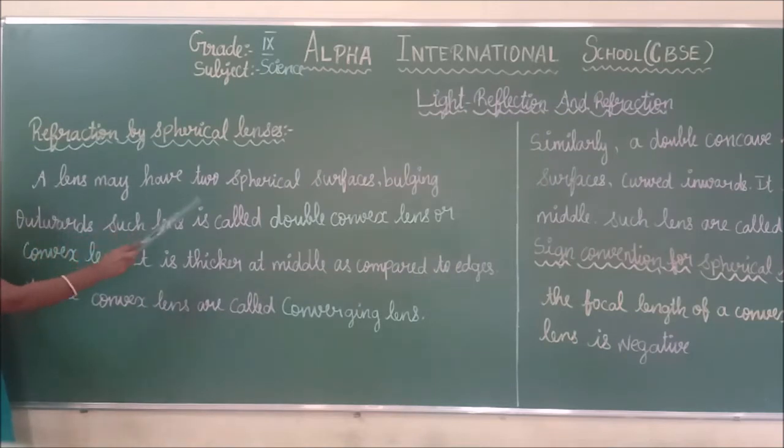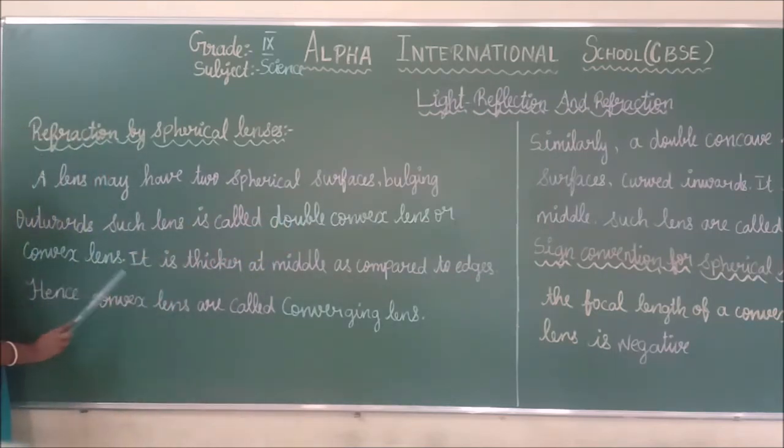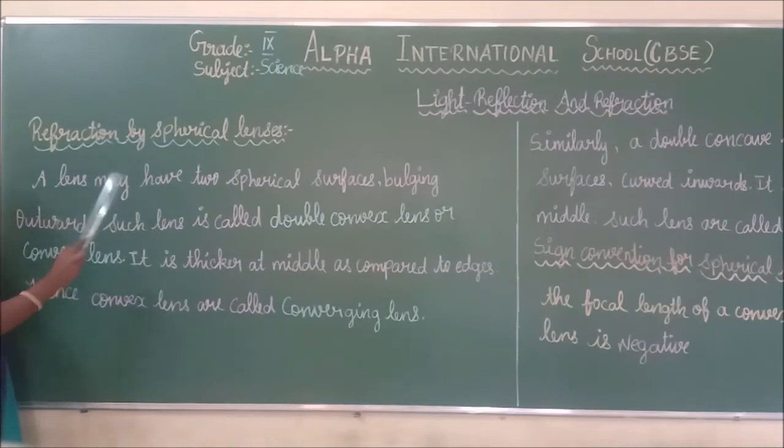Such a lens we call a double convex lens, or simply a convex lens. Do you understand what we call a double convex lens? Yes, the one bulging outwards we call a double convex lens or a convex lens.